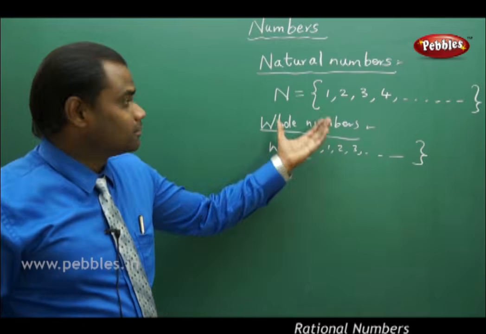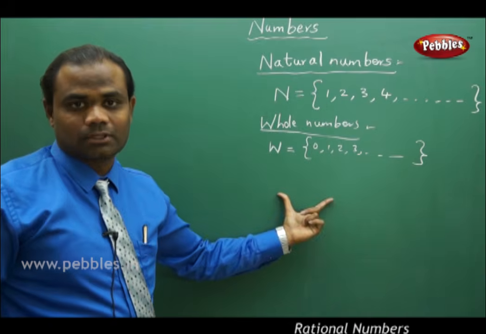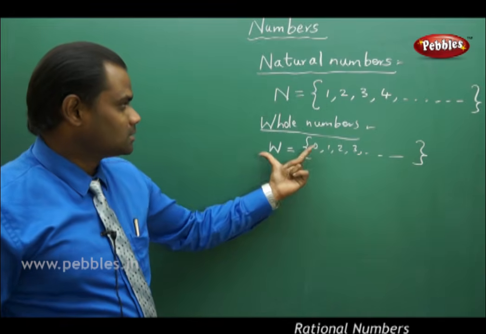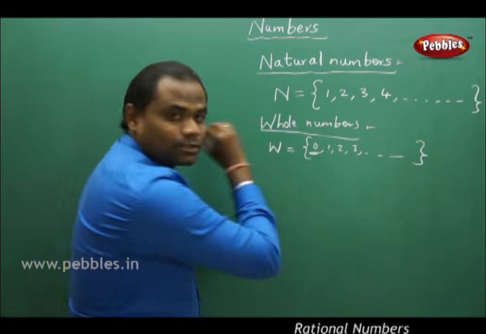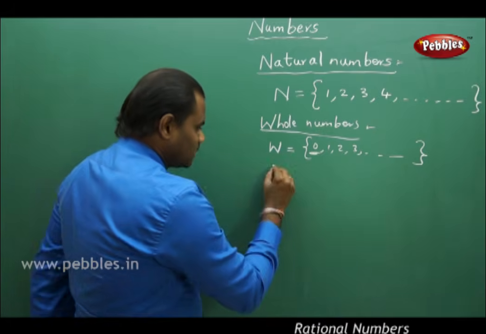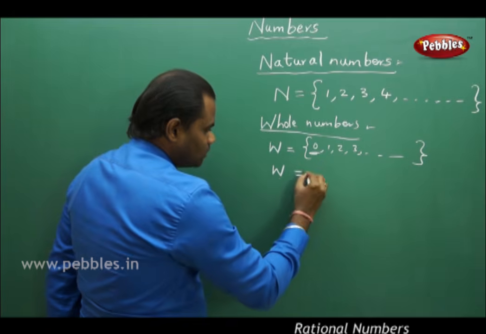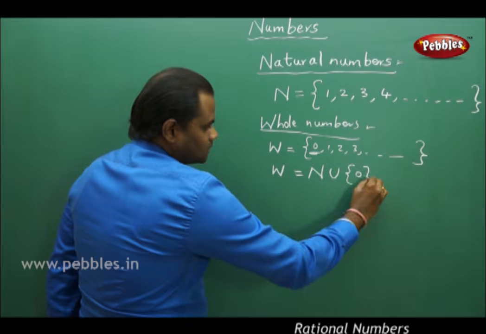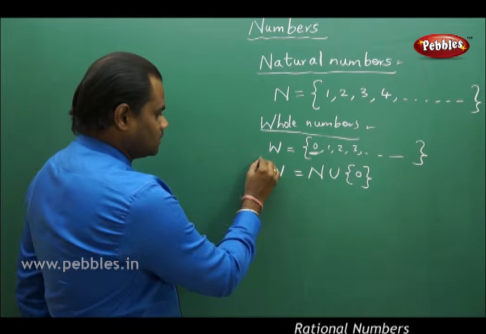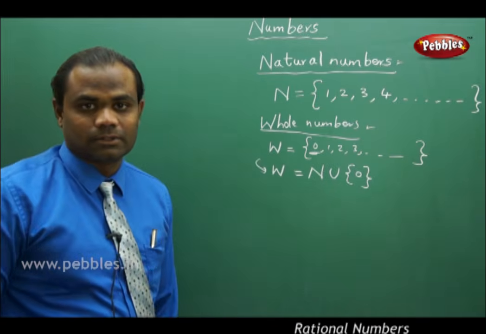The difference between natural numbers and whole numbers is that whole numbers are the set of natural numbers with one additional element, 0. So I can mathematically define the whole numbers as all natural numbers including the element 0. This is how I mathematically denote the whole numbers.